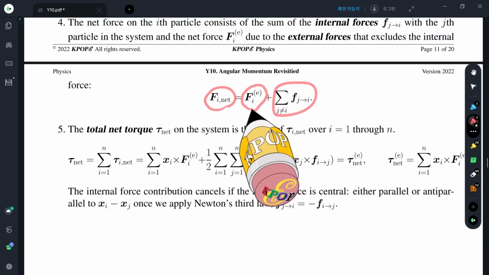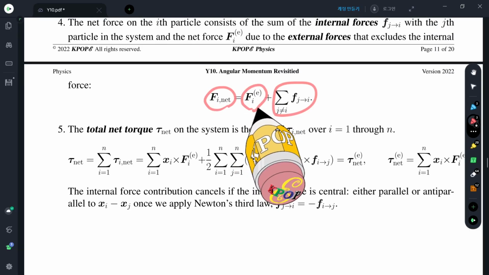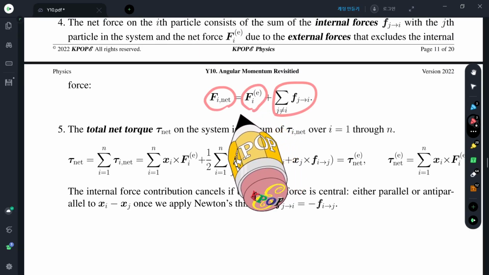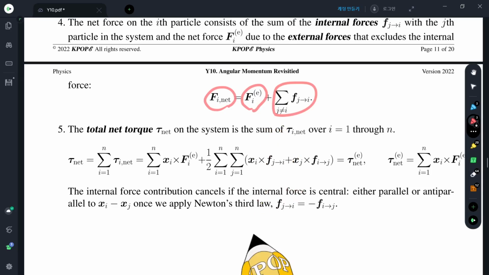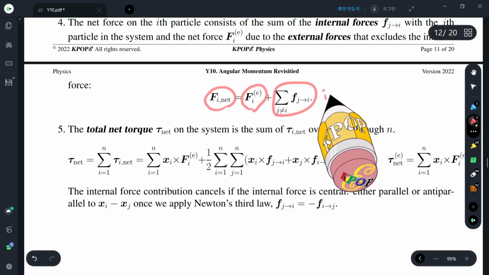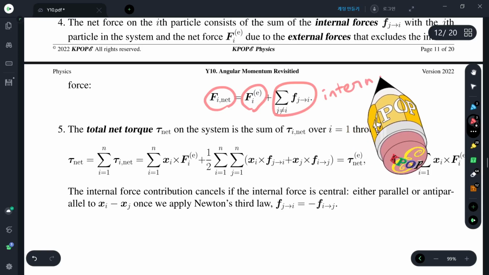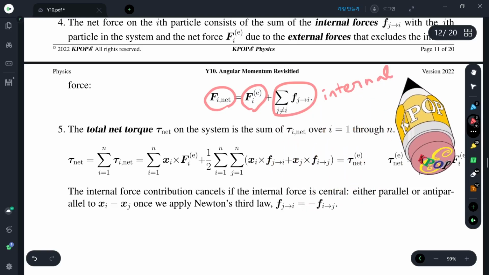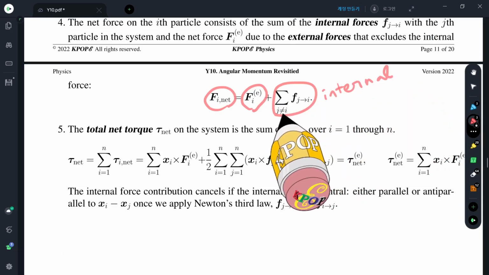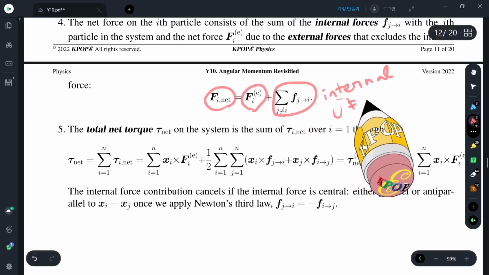This one is external force. This is internal force coming from other particles. Other means j is not equal to i.